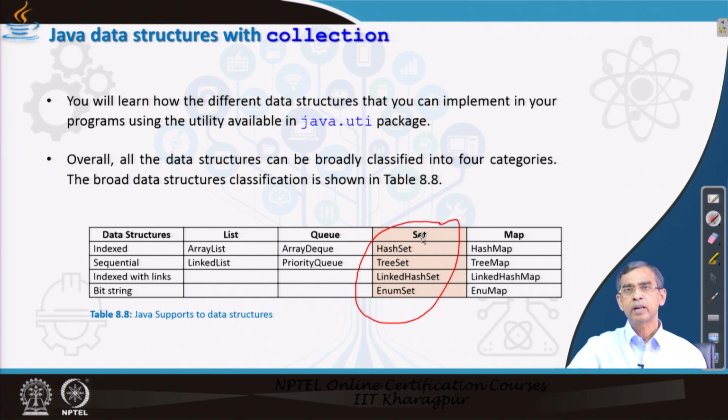and there is also a possibility of maintaining a collection in the form of a set of enumerated type elements. Now, hash set is basically an index based strategy, tree set is a sequential strategy, linked hash set is an indexed with links strategy, and the enumerated set uses a data structure called the bit string.